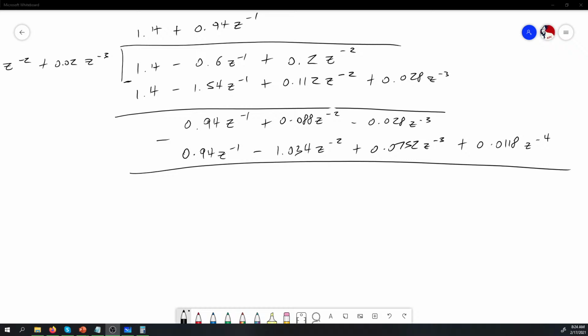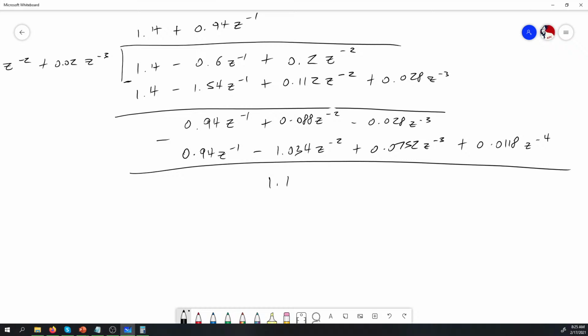And then we just do the same subtraction from before. These 0.94s are going to result in 0. We have 0.088 z to the minus 2, minus negative 1.034. That's going to be a positive, so 0.088 plus 1.034, which gives us 1.122 z to the minus 2.